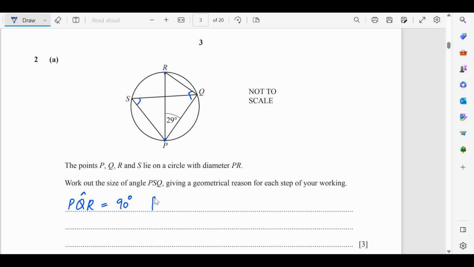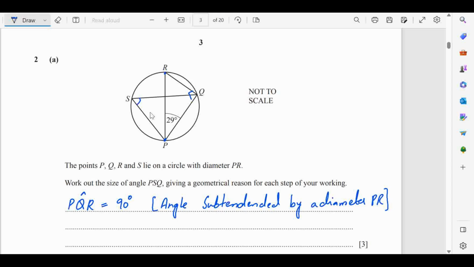And the reason for this is that the angle subtended by a diameter PR. This is the reason.